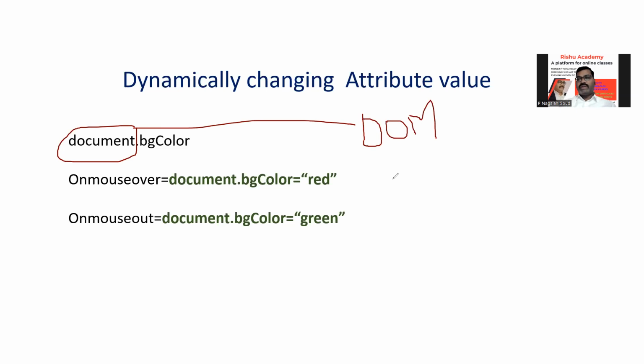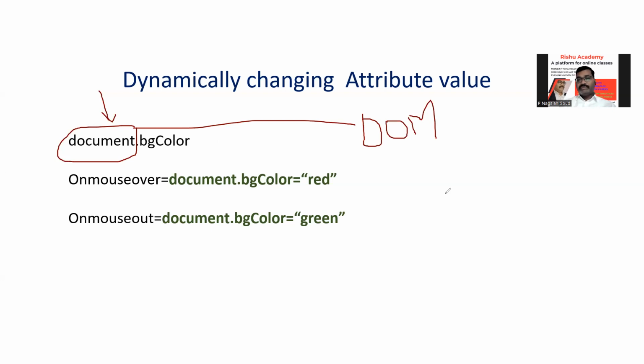It assumes every HTML element is an object. It allows the programmer to dynamically change attribute values, dynamically change the text, right? In this case, I'm making use of the document object and its property bg color.